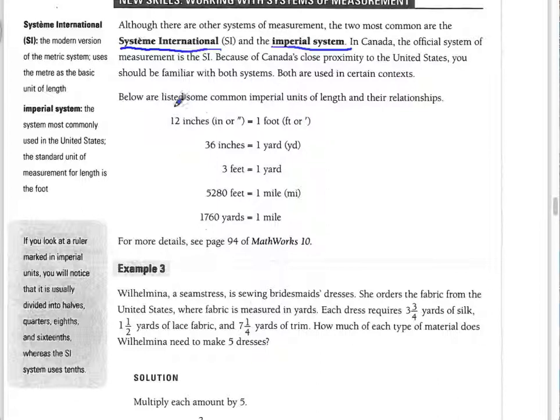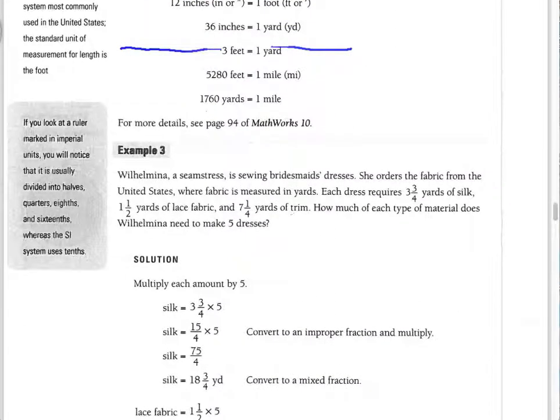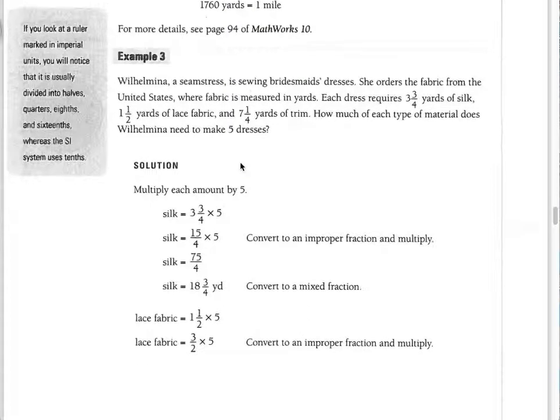Some things you need to know: 12 inches is 1 foot, 36 inches 1 yard, 3 feet 1 yard, 5,280 feet is 1 mile, 1760 yards is 1 mile. These are all in your data pages. Okay, so scrolling down here, we have example 3.